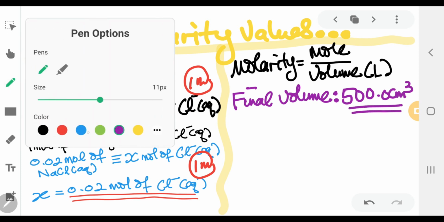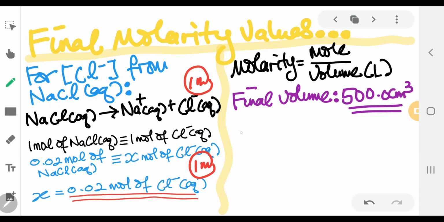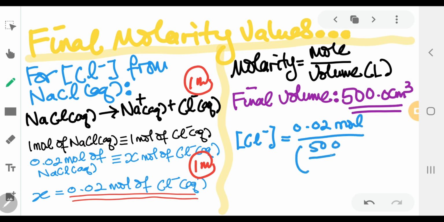Okay, so we should be able to determine the concentration of Cl minus. We have 0.02 mole divided by 500 over 1000 decimeter cubic, and thus the concentration of Cl minus is 0.04 molar.